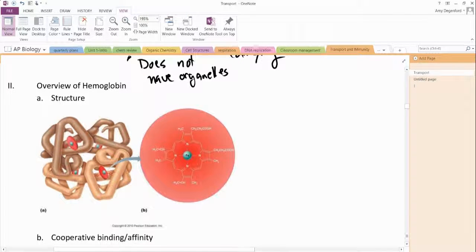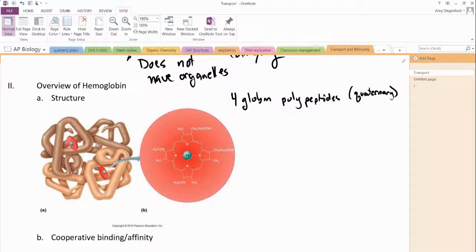Hemoglobin has this very interesting shape. It has four polypeptides. These are the four globin polypeptides. And this would be a good example of a quaternary structure of a protein where you have multiple polypeptides.